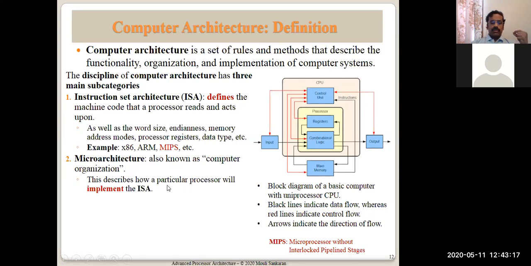So suppose, for example, we say that an ARM processor is using some particular register, say R13, for the stack, then that is a decision taken at this level. Okay. So the ISA is a specification of an architecture, and the microarchitecture is an implementation of what is specified here.